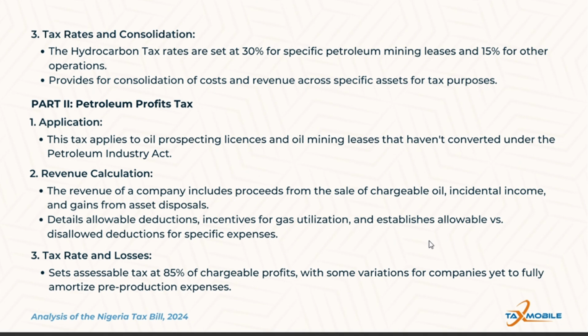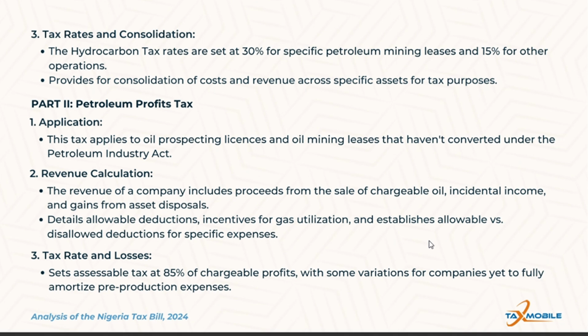Now, under revenue calculation, a company's taxable revenue includes proceeds from sales of chargeable oil, incidental income such as fees or penalties paid by third parties, and gains from asset disposal, including machinery or equipment used in petroleum operations.